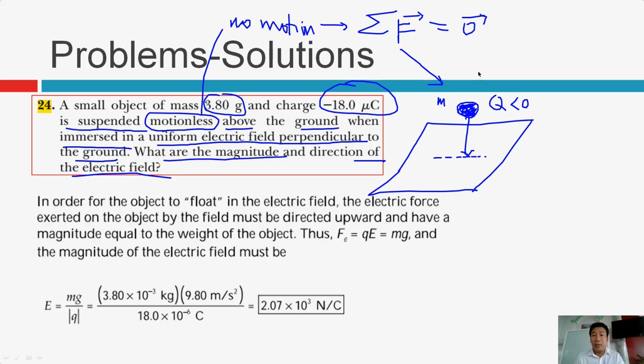But we need to concern ourselves with the y direction, because there are many forces in the y direction, and actually the electric field is in the y direction. Okay, so we plot the electric field here.